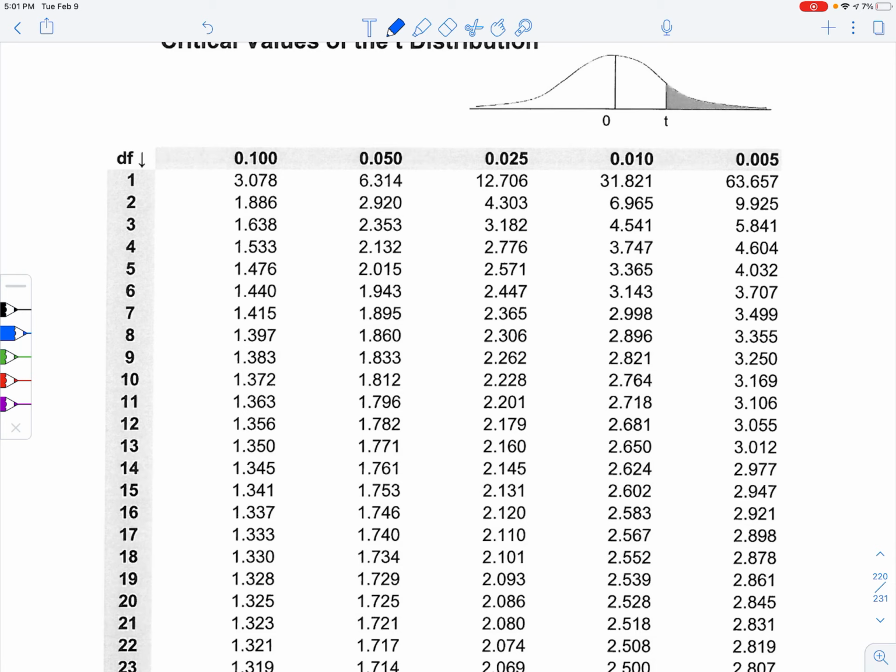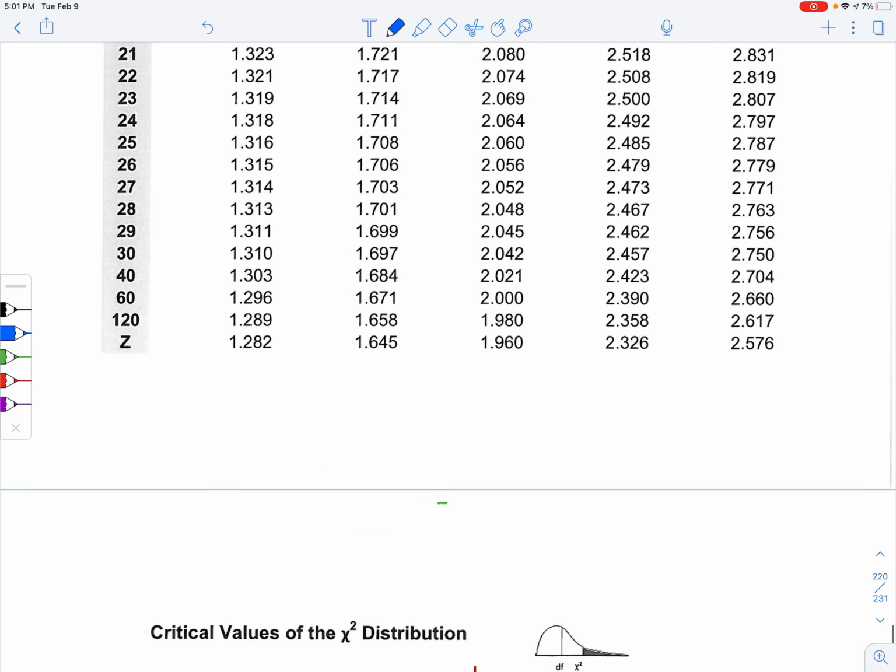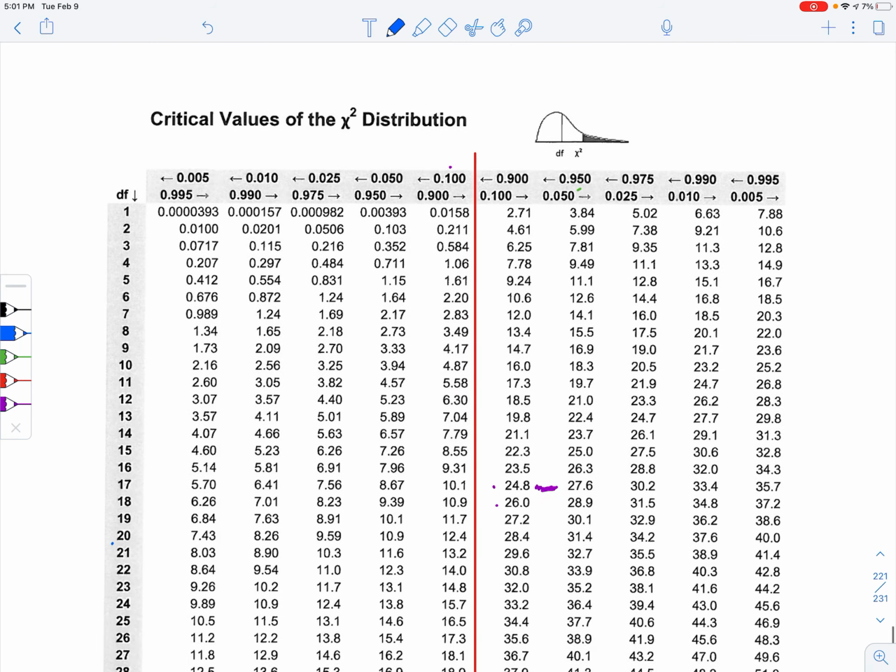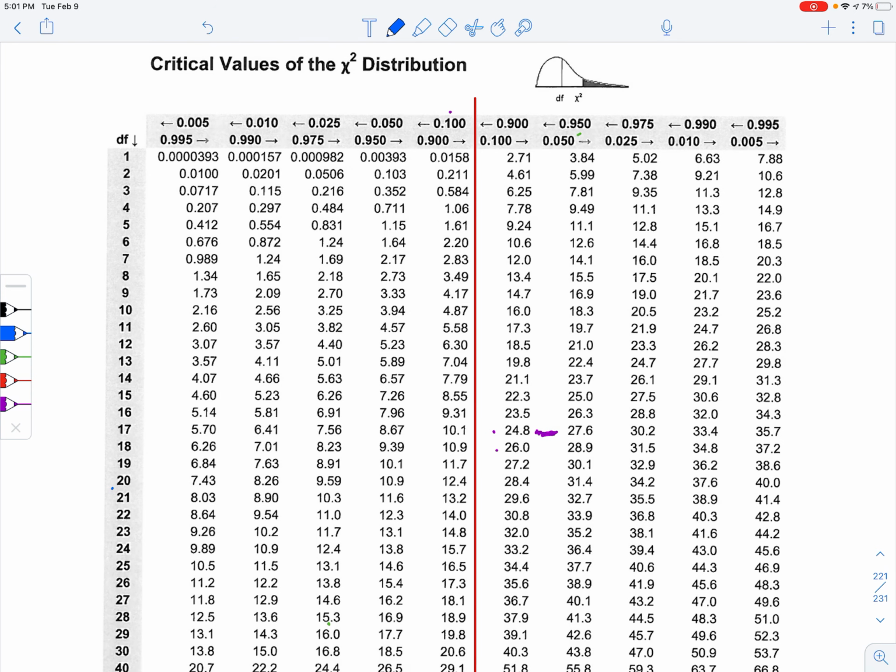So we have 5 different columns here. And then we actually doubled that number of columns because with a chi-square distribution you have areas in the right-hand tail and areas in the left-hand tail. You don't have 0 in the middle like you have with the t distribution, and it's not symmetric. So we actually had to have two sets of columns.